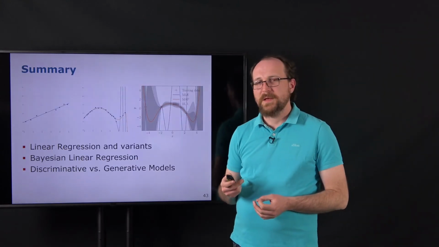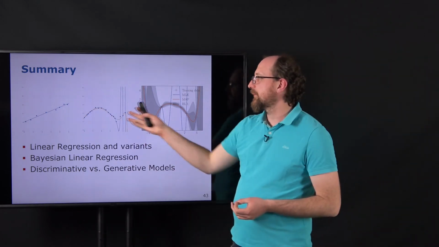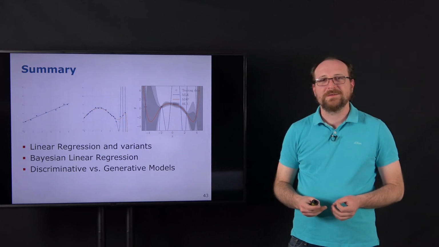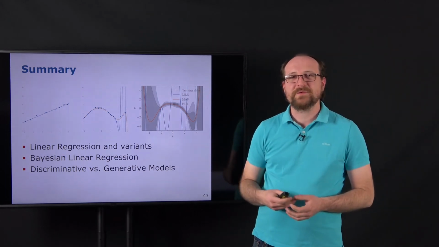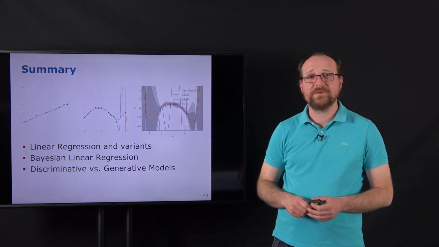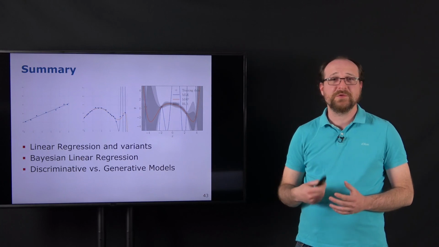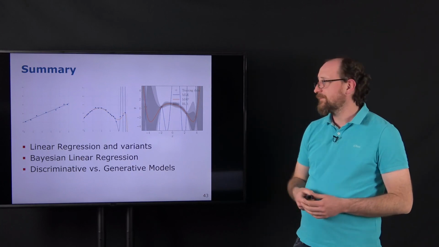But to give a short summary, as you can see, these pictures show the progression that we made. We started with linear regression, so linear functions in the beginning, then went over to nonlinear functions by using the nonlinear transformation.